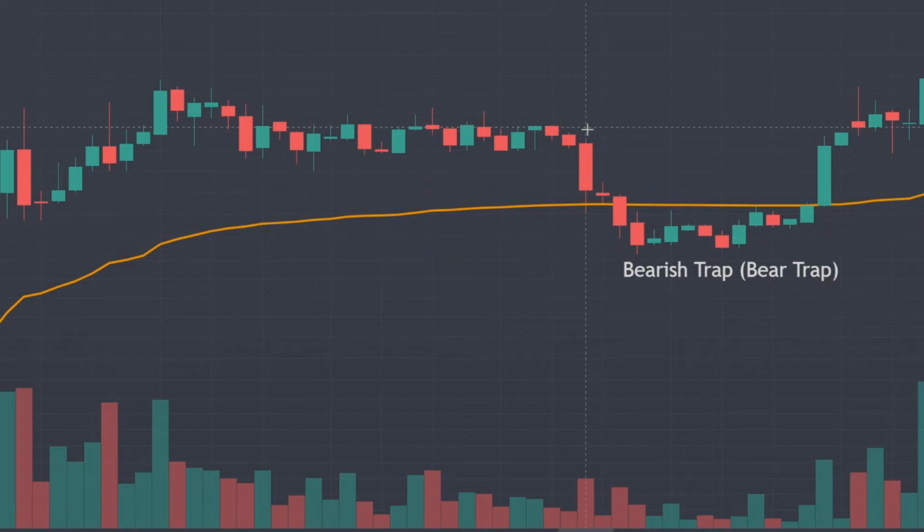We can see that after breaking below the VWAP, the volume flatlined or pretty much died. Over here we have volume, and over here we have volume. In both cases, we're above the VWAP. However, when we're below, we have almost no volume.